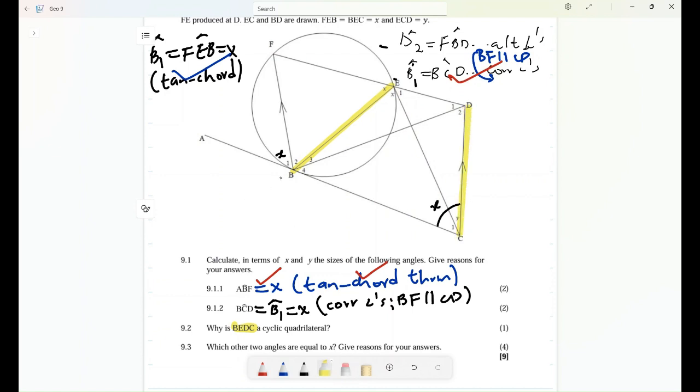Remember, there are ways of saying something is a cyclic quadrilateral. The first one is saying an exterior angle is equal to the interior opposite angle. The other one is saying this and this are equal, the bow tie. The third one is saying this and this add up to 180.